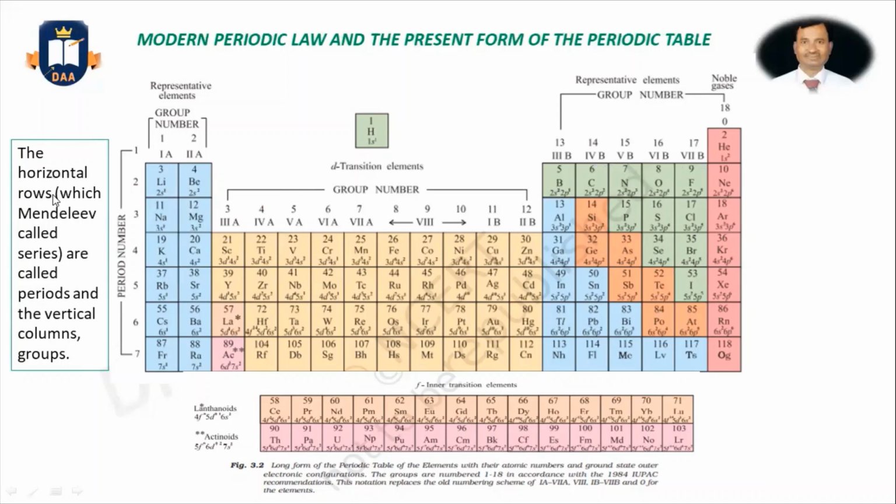The horizontal row, which was called by Mendeleev a series, and the vertical columns are the groups. So horizontal rows are called series, and vertical columns are called groups.